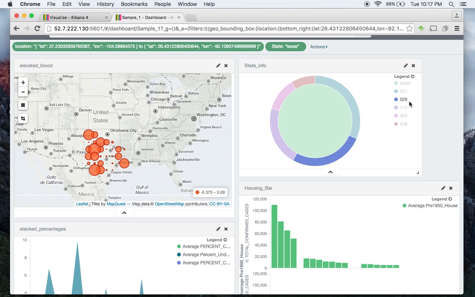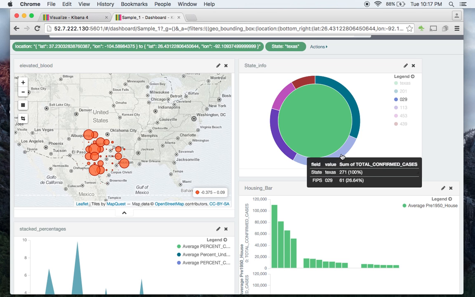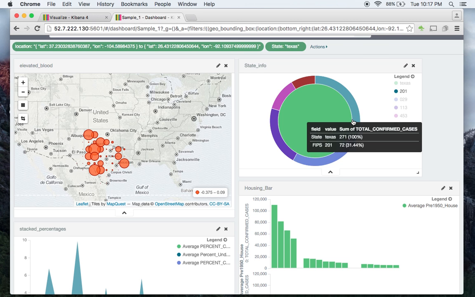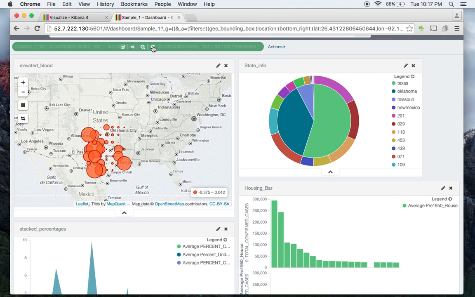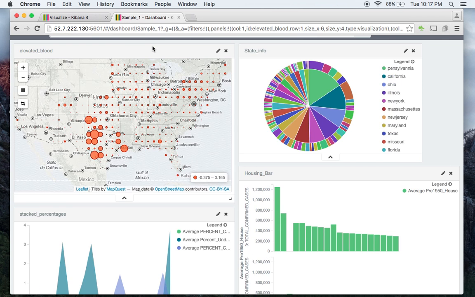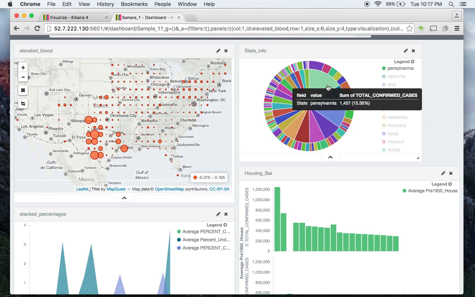In an ideal scenario, I should have the county name. But it tells me the total confirmed cases of the counties in Texas vis-a-vis the percent of children with elevated blood lead levels. And they don't normally correlate, because if I remove these search terms, I can see that it's the state of Pennsylvania with the highest number of total confirmed cases.